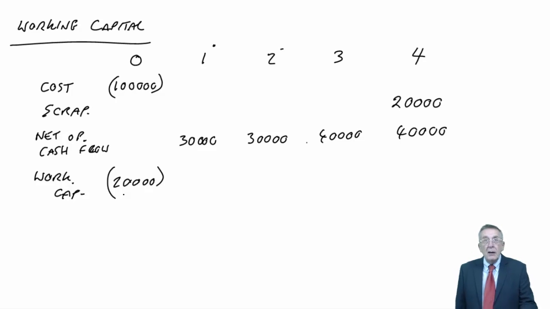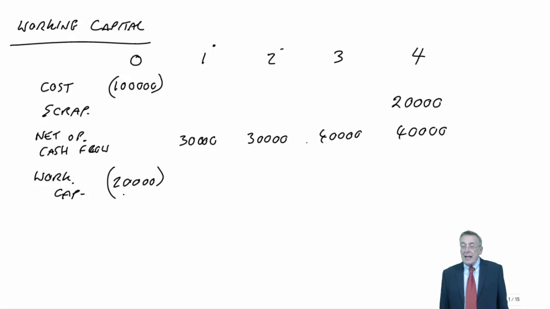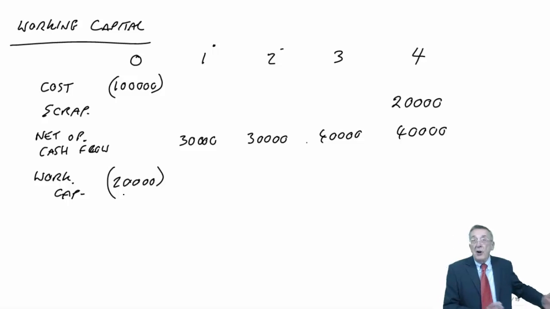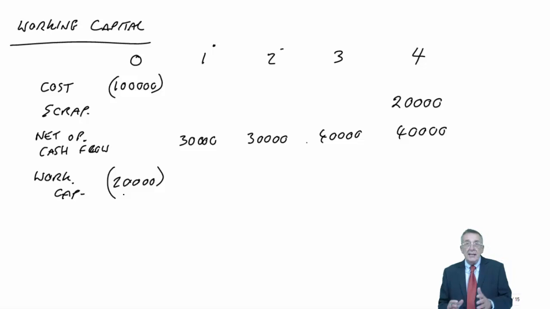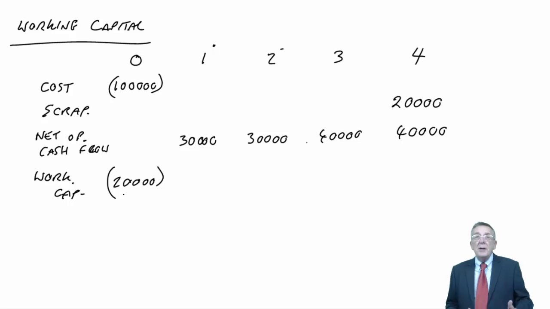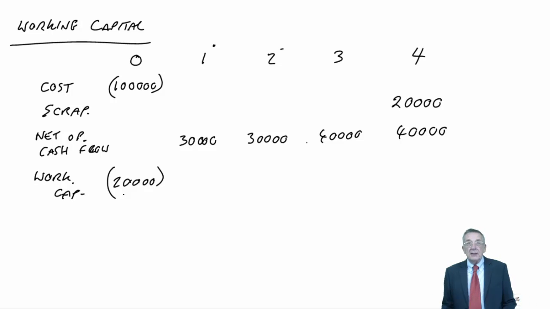However, we always assume, unless obviously you're told differently, that although we'll need to hold extra inventory, 20,000, while the machine is operating, at the end of its life we no longer need that extra material, the extra financed receivables and so on.